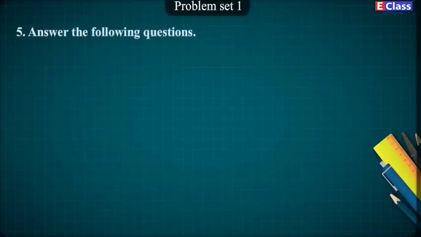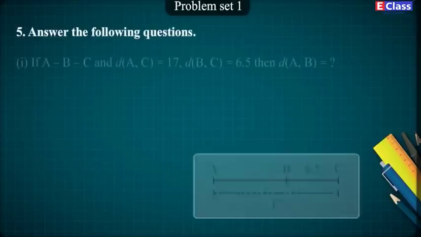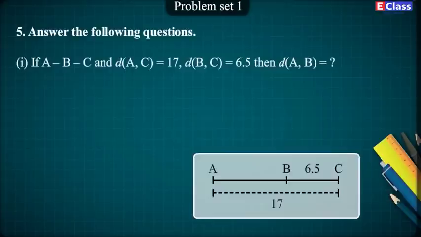5. Answer the following questions. 1. If A-B-C and distance of AC is equal to 17, distance of BC is equal to 6.5, then distance of AB is equal to how much? Solution.